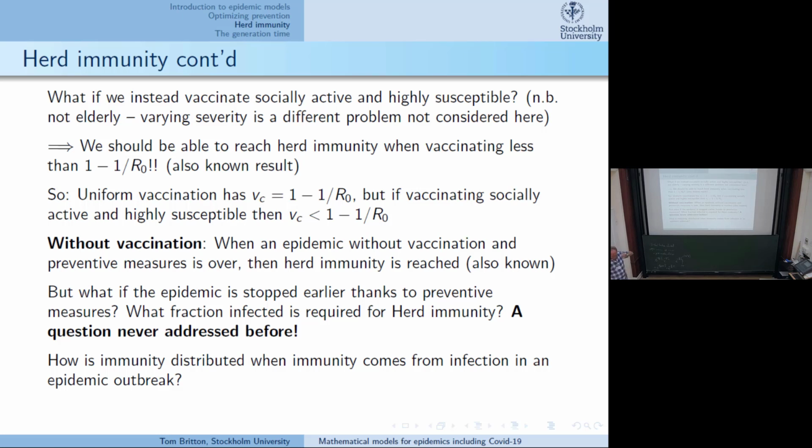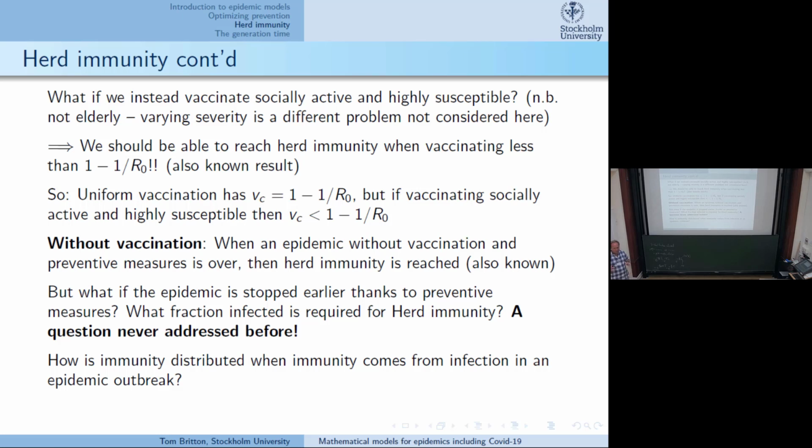It runs in this community, let's say Sweden, and suppose we are able to stop the epidemic at some stage by introducing preventions or whatever. As the epidemic evolves in Sweden or in Germany or whatever country you are in, who do you think will be infected mainly? Is it the socially active or the socially inactive people?